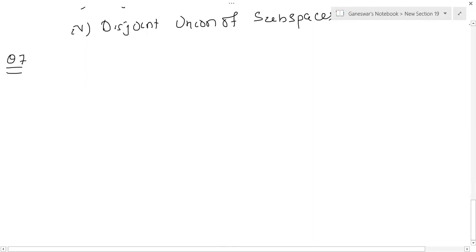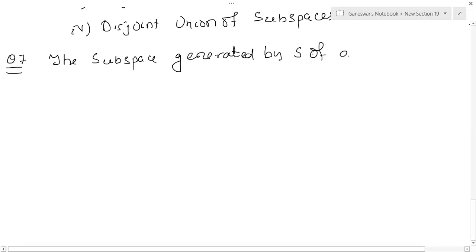The subspace generated by S of a vector space X.